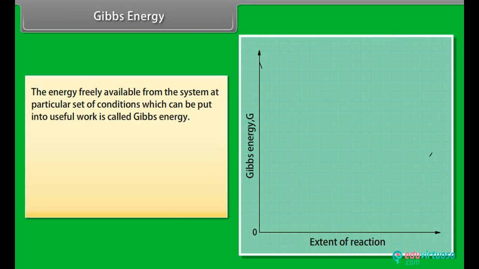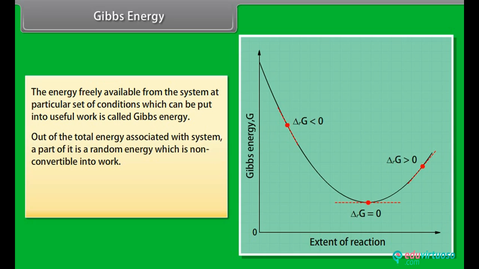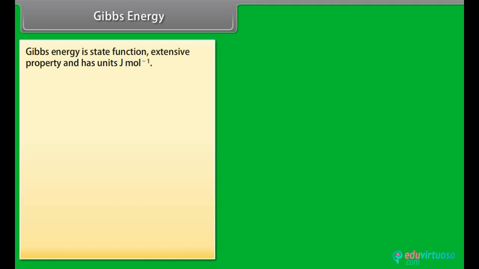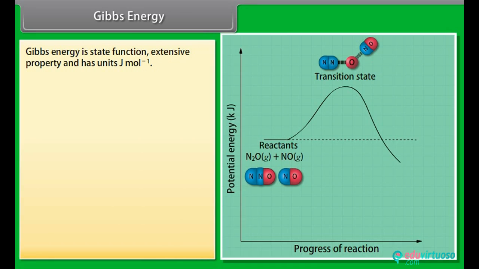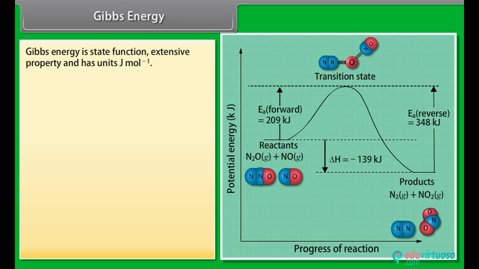Gibbs energy. The energy freely available from the system at a particular set of conditions, which can be put into useful work, is called Gibbs energy. Out of the total energy associated with a system, a part of it is random energy, which is non-convertible into work. The Gibbs energy can be represented as G equals H minus TS. Gibbs energy is a state function, an extensive property, and has units of joule per mole.